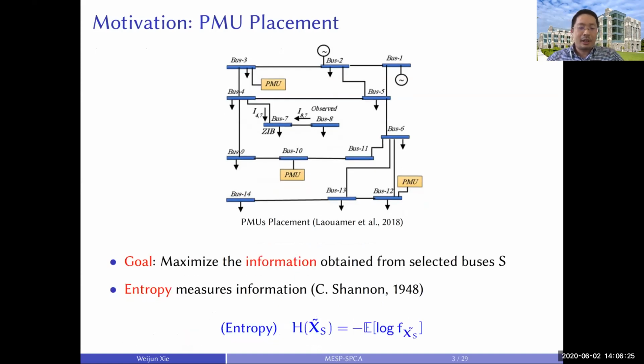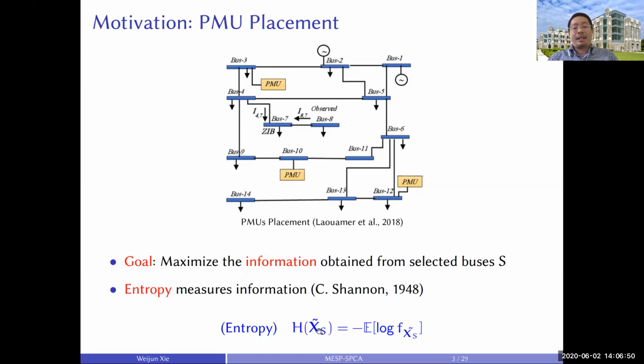Since we are talking about maximizing the information obtained by those buses or sensors, how can we measure the information? Fortunately, more than 70 years ago, Shannon provided a nice formula to compute information, called Shannon entropy.